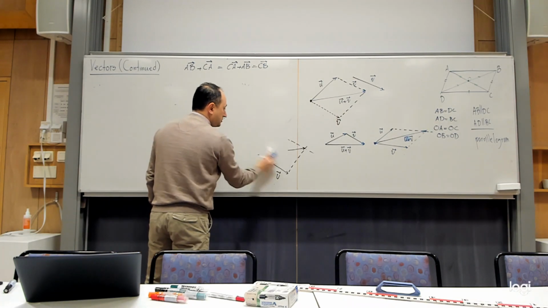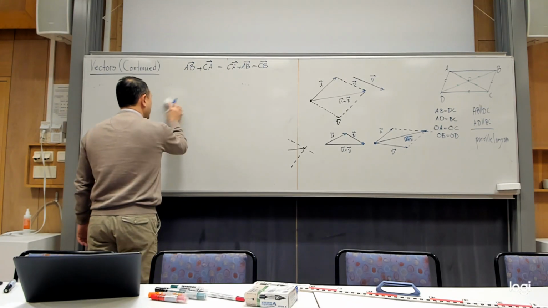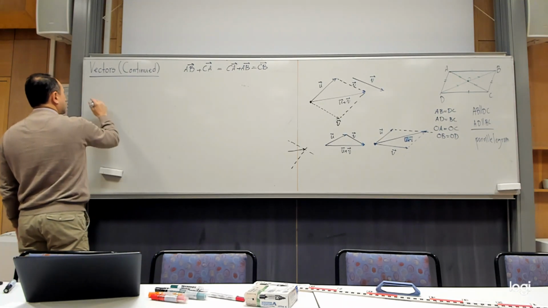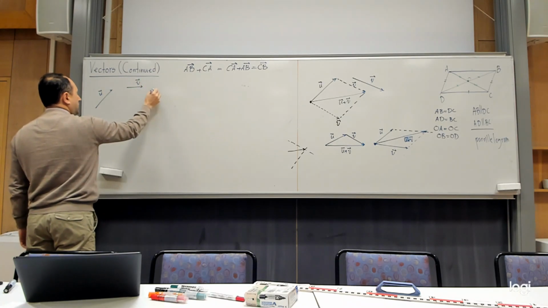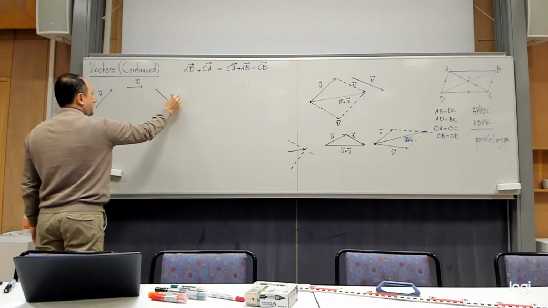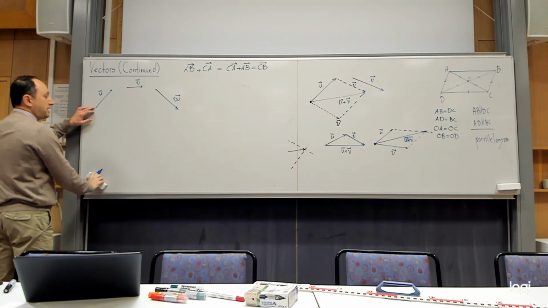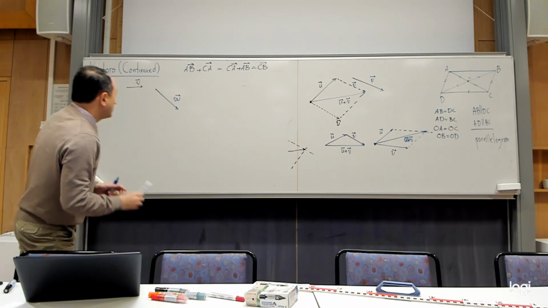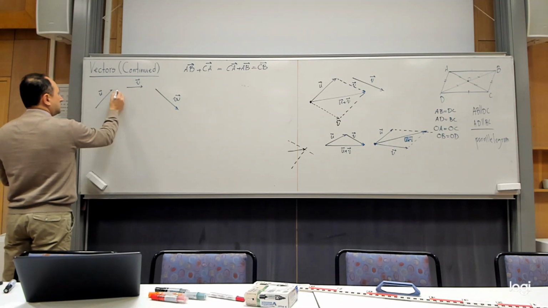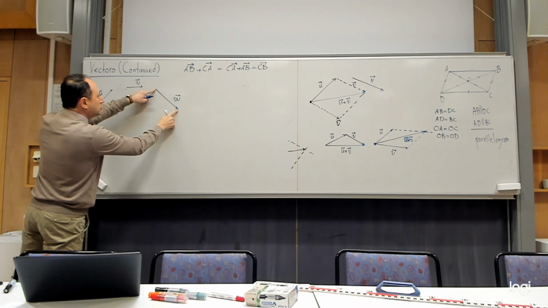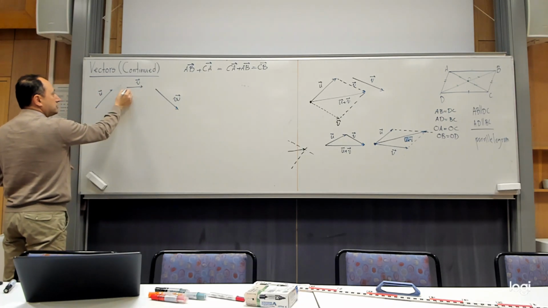So for example, if I give you three vectors, this vector, and that vector, I parallel transport it from here. This becomes V, and then I parallel transport the third one from the last point of the second one.